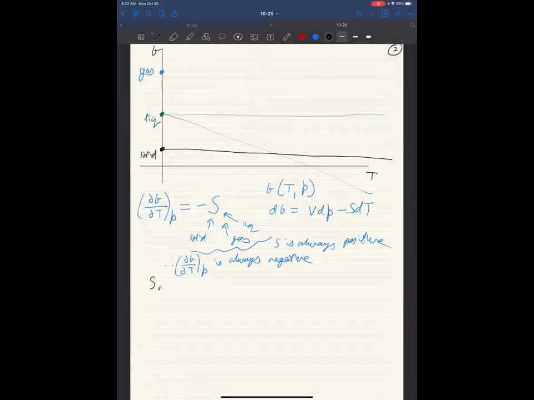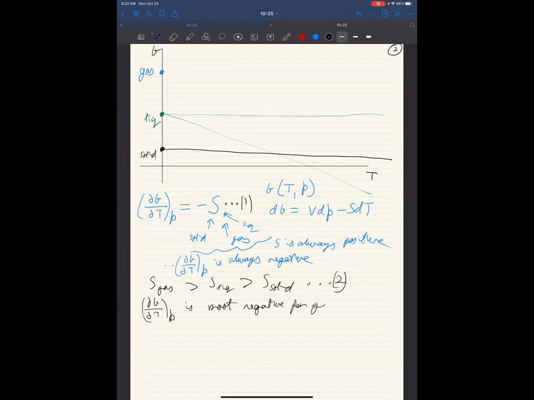So we know that S gas is more than S liquid is more than S solid. If you use equation 2 in equation number 1, it tells us that partial G by partial T at constant P is most negative for gas. Gibbs energy for gas falls as quickly as possible, followed by liquid, followed by solid.